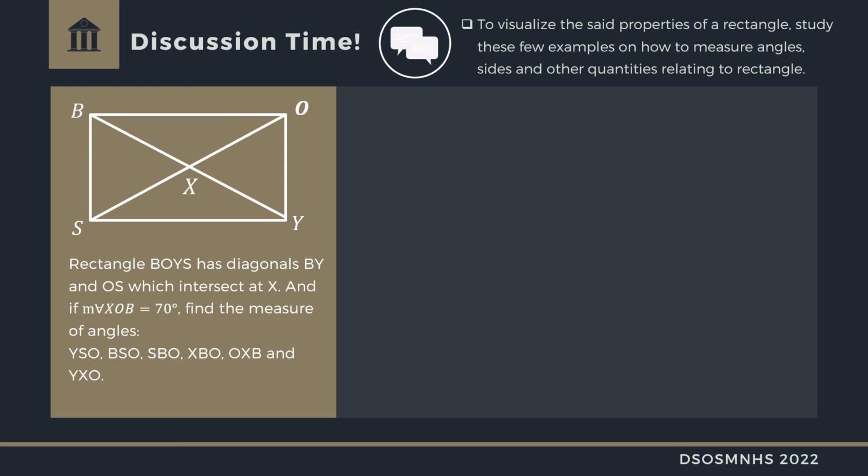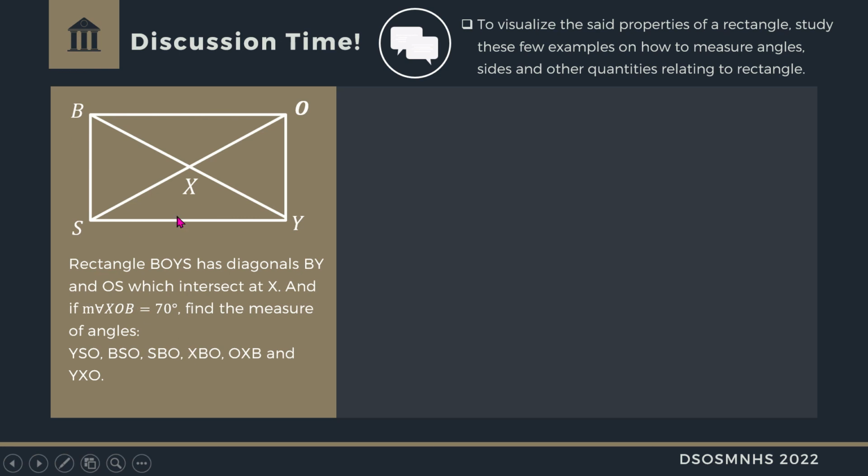Find the measure of angle YSO. That's the one at the bottom, opposite of XOB. Then BSO, also at the bottom. SBO, a right angle.